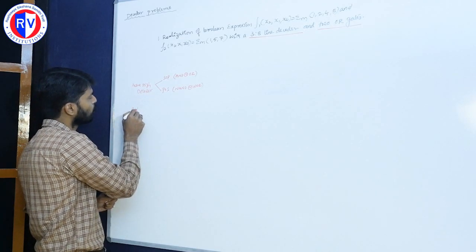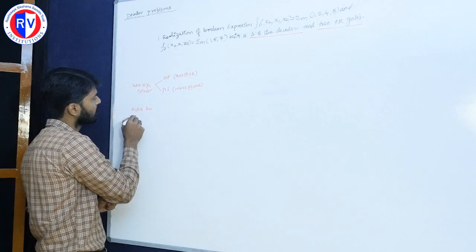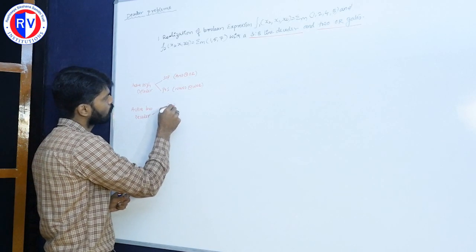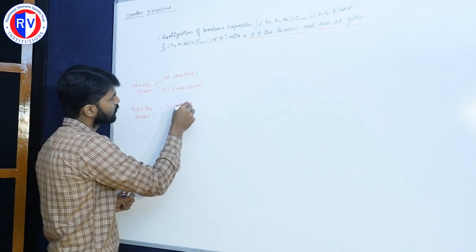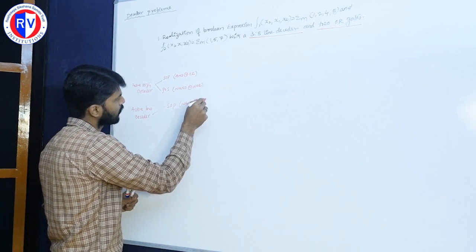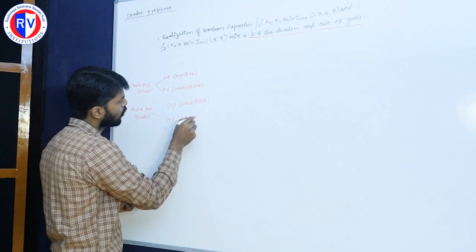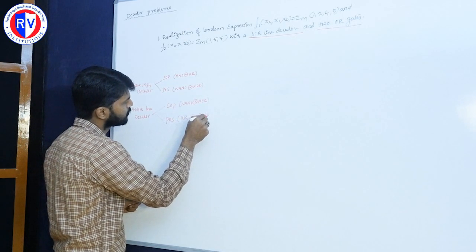Similarly, for an active low decoder, if I want to generate a POS equation, I need to use a NAND or NOR gate, and for the SOP equation I need to use an OR or AND gate, isn't it?